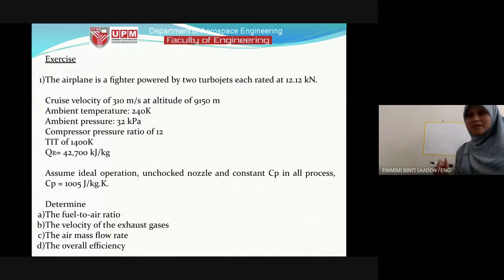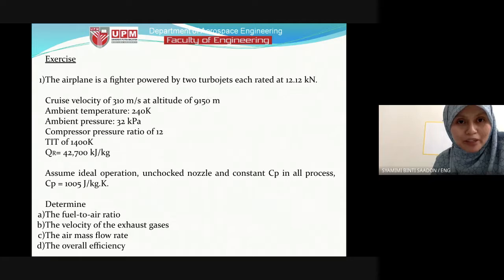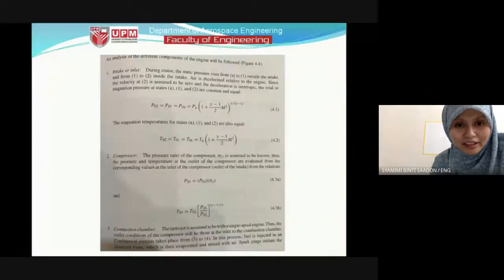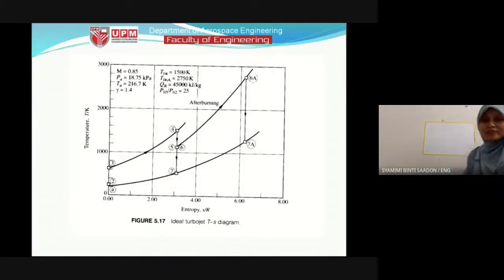So point A, just now in the thermodynamic cycle, you see the point A. We will use this thermodynamic cycle as reference. So we want to calculate point A first. Here the temperature at point A is the same as the temperature at point 2. Temperature is the same, so we calculate.